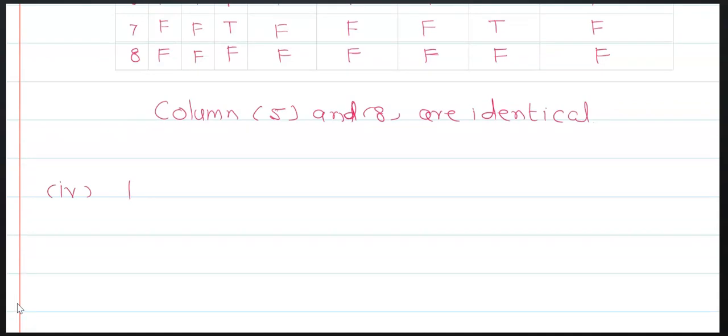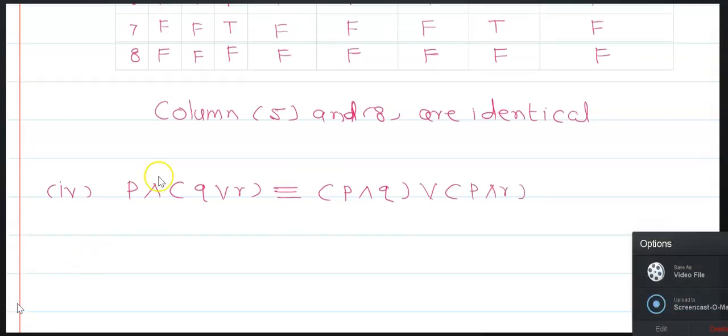Now the next is P and (Q or R). Now what does this statement tell? Now see this, very important. This is the distributive law. This distributive law is that the AND is distributed over the OR.